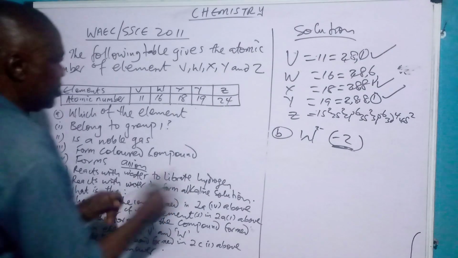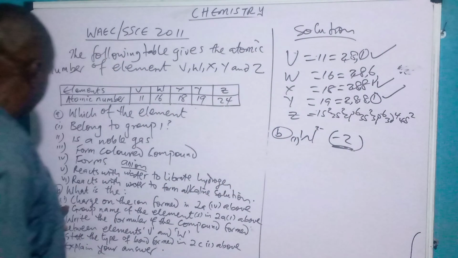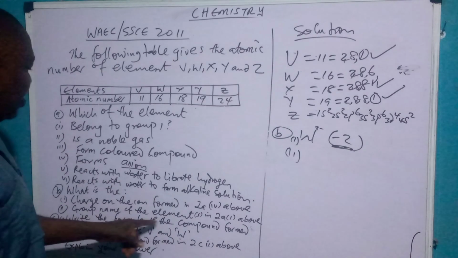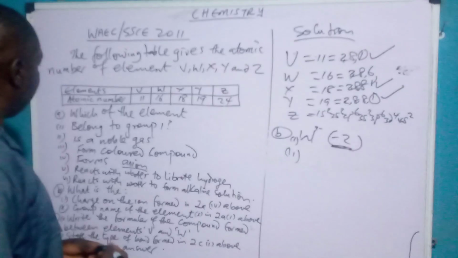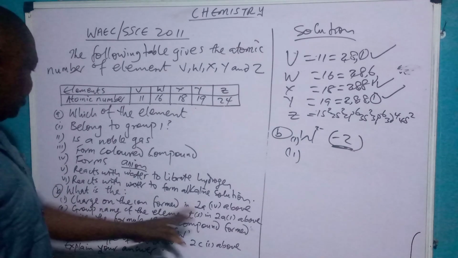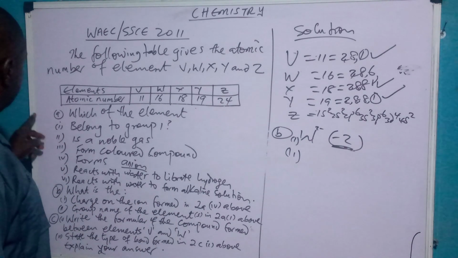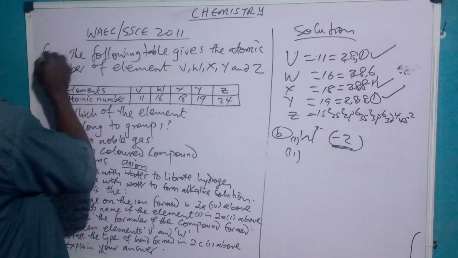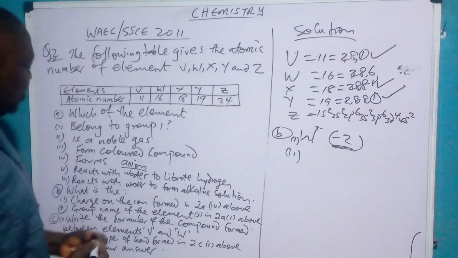The Roman figure 2, this one. Group name of the elements in 2A1 above. Okay, these questions are actually question 2. That's why they are saying 2A1.